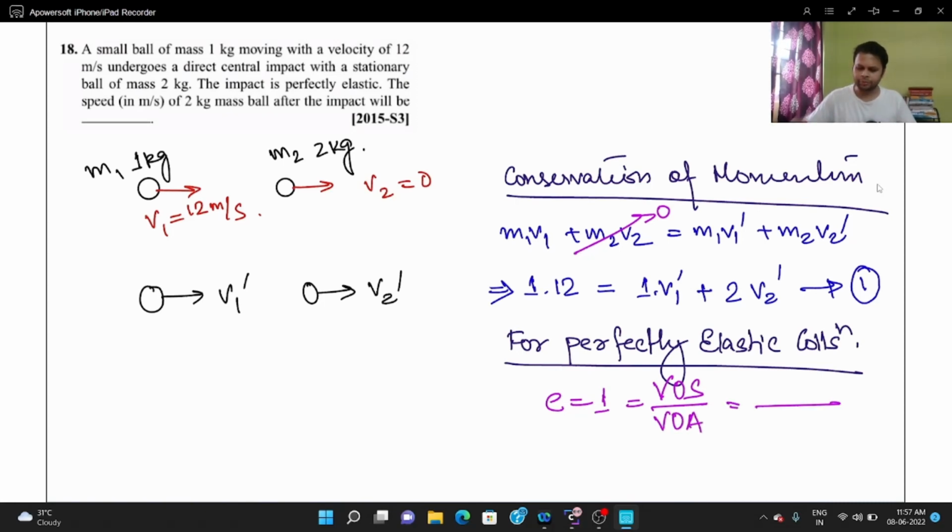What is velocity of separation? After collision, the difference in velocities, so v2 dash minus v1 dash. What is velocity of approach? The rate of change of distance before collision, that is v1 minus v2.